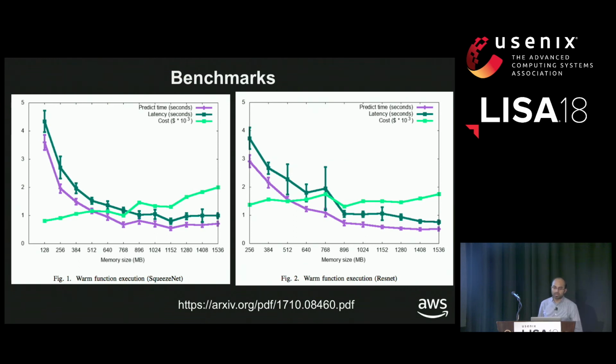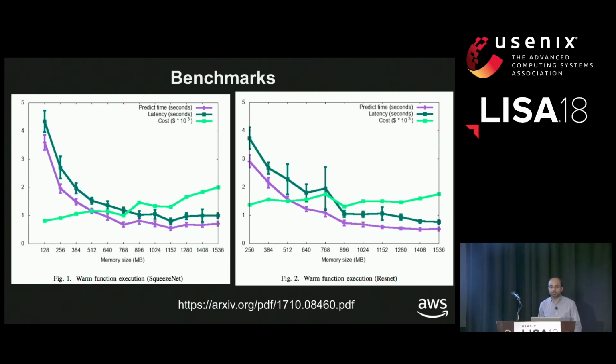So let's look at how the prediction time, the latency, and the cost change as we increase the memory. What happens in Lambda is essentially when you reserve a bigger chunk of memory, you get more compute time on the particular core. So as you can see, the prediction time sort of exponentially decreases as we increase the amount of memory that we give.